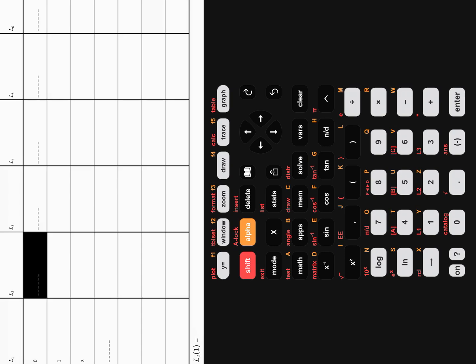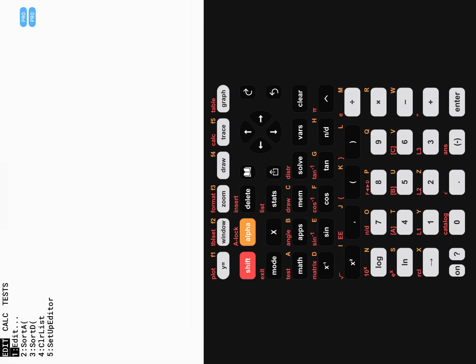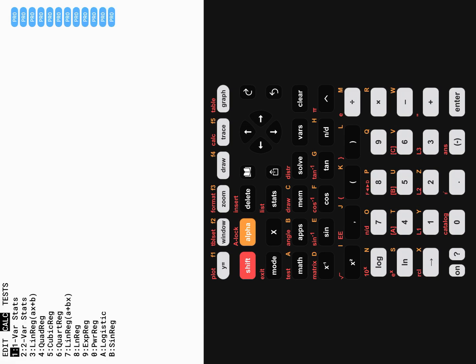So in my X's, I'm going to press 0, Enter, 1, Enter, and 2, Enter. And then in my L2, I'm going to do -1, 3, and 9. So now I have what I wanted in both my L1 and L2, my X and Y. You're going to go back and press Stat, and now you're going to arrow over to Calc.